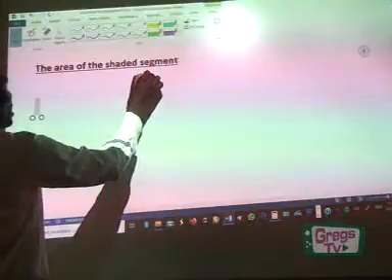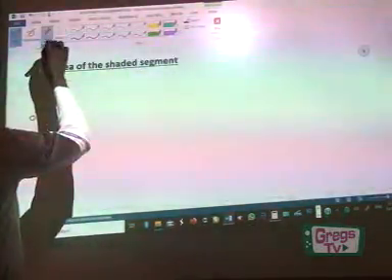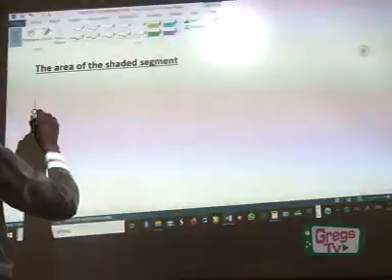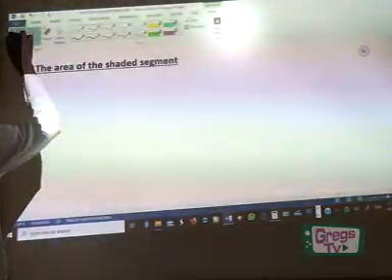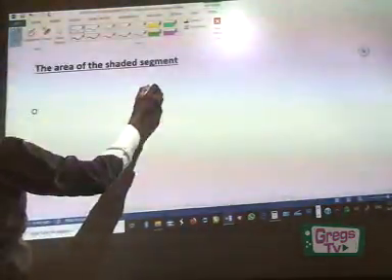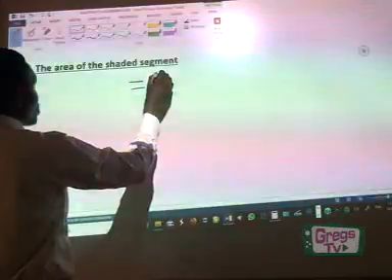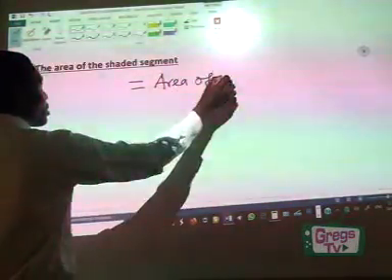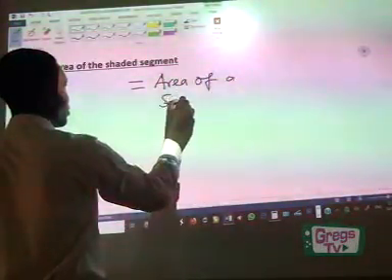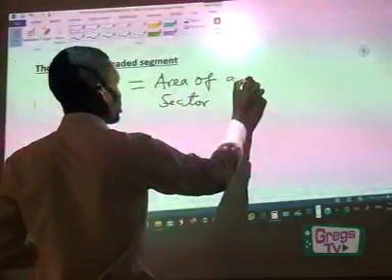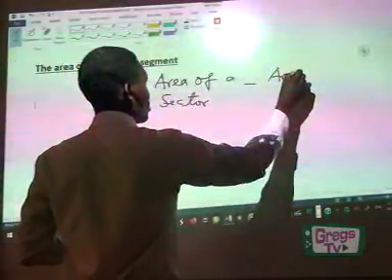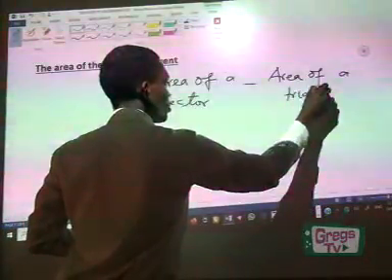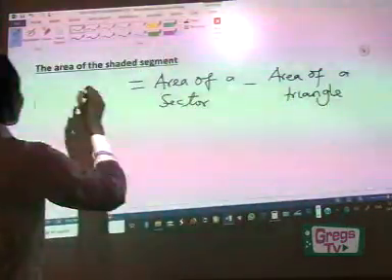So that will be the area of a sector minus the area of a triangle. So let's see how that works.